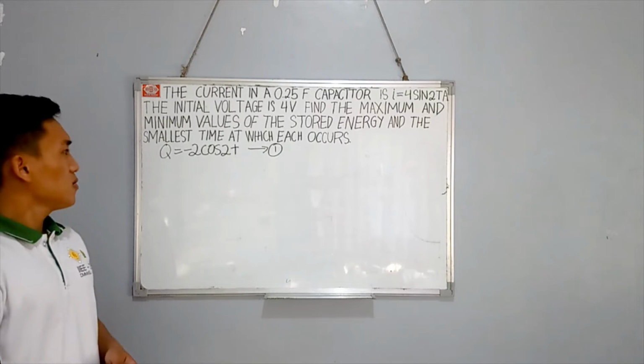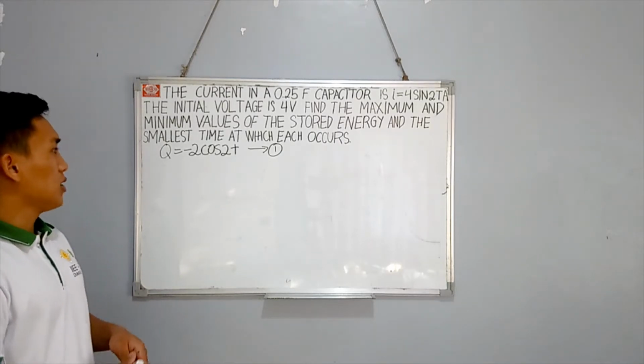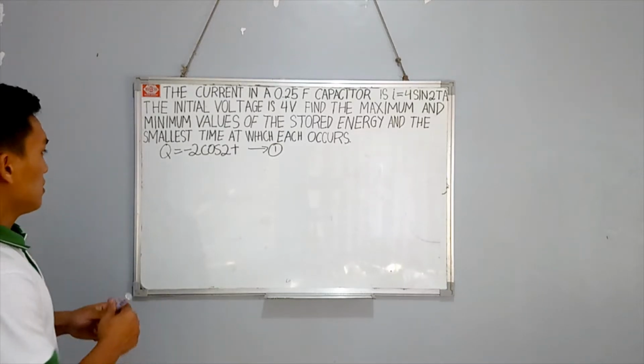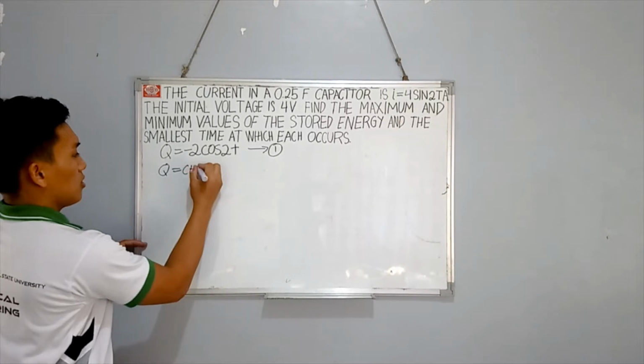Now that we set q equal to negative 2 cosine 2t in equation 1, we will get the value of q. And q is equal to the charge of the capacitor.